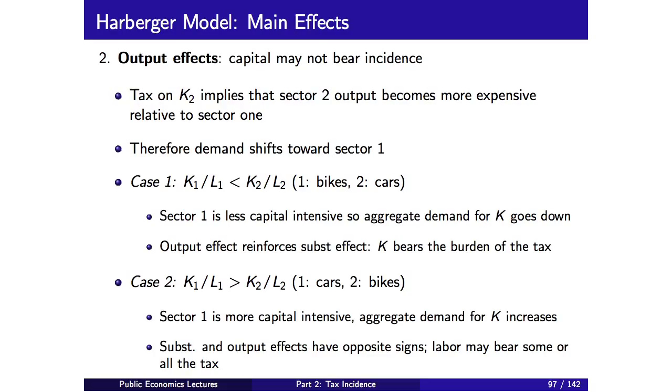So not only does GM use less capital relative to labor to produce cars, but consumers, because cars are now more expensive, want to buy more bikes instead of cars, and bikes use less capital than cars, so the demand for capital has further been reduced in general equilibrium, right? And so the output effect in that case is going to reinforce the substitution effect, and capital is going to bear even more of the burden of the tax.